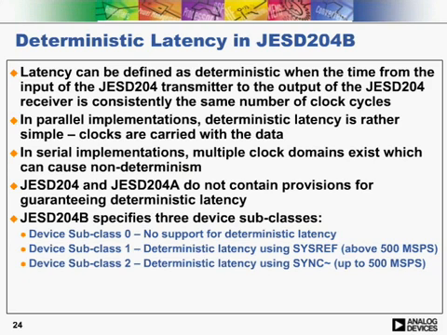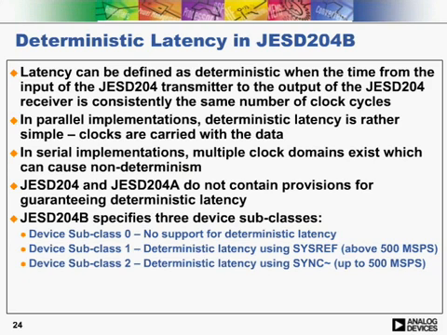When you have a parallel implementation, deterministic latency is simple, since clocks are carried with the data. However, in a serial implementation, multiple clock domains can exist, which can cause non-determinism. The JESD204 and 204A specifications do not contain any provisions for guaranteeing deterministic latency. In the B version of the specification, there are three subclasses of devices described.